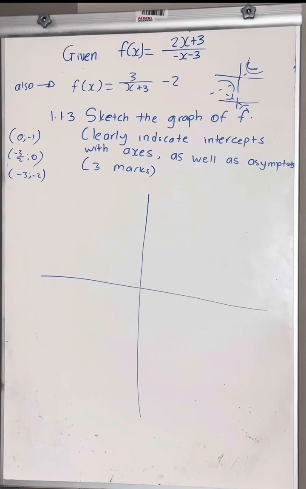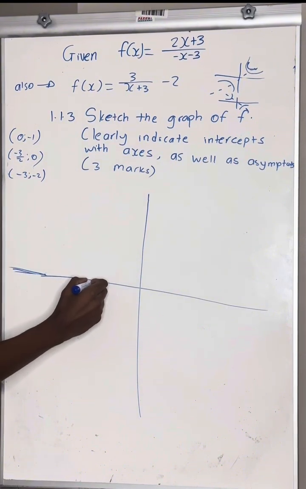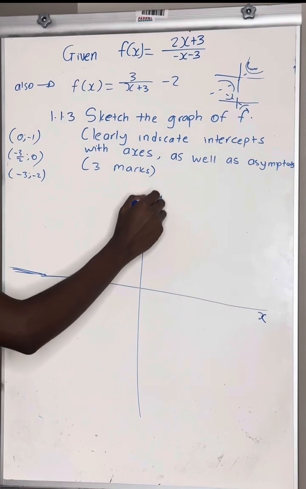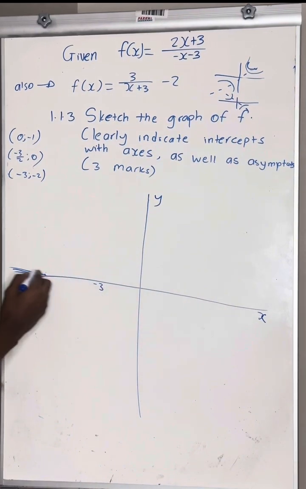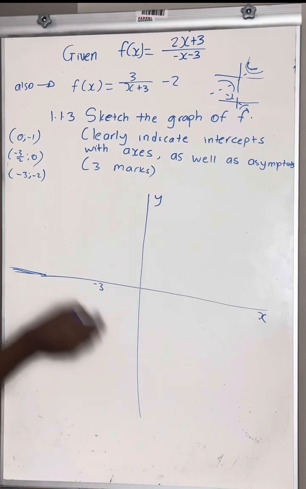So to make things easier for us, let's just draw the asymptotes first. So we have our negative 3, it's indicated over here, should be somewhere here. So remember, this is the x-axis, this is the y-axis. And the negative x direction is in this part, and the negative y direction is in this part.